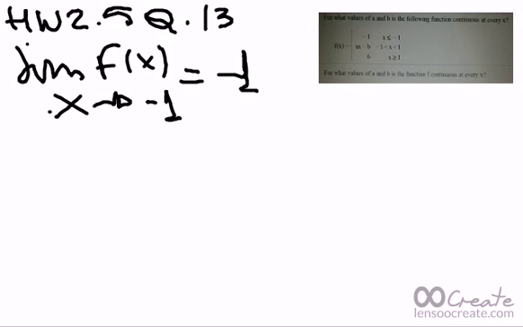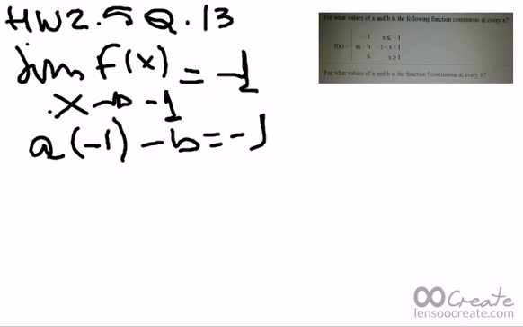If you take a look at the second f(x), we have x between minus 1 and 1, so f(x) can also be that when approaching minus 1. So the limit of f(x), using the second one, is a times minus 1, minus b, and we know it equals minus 1.